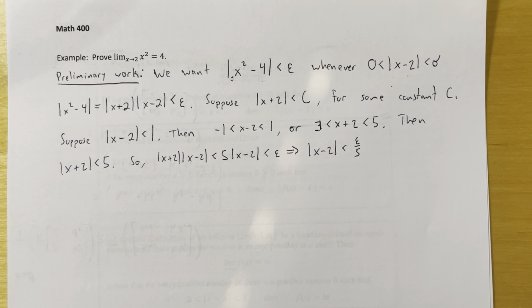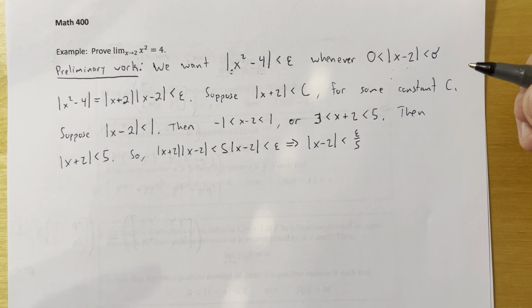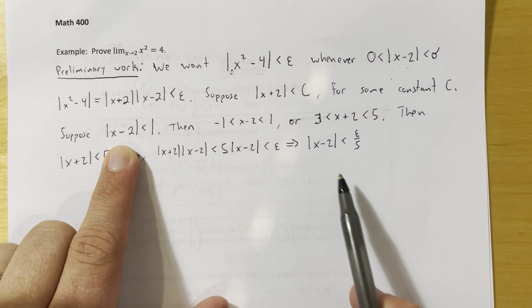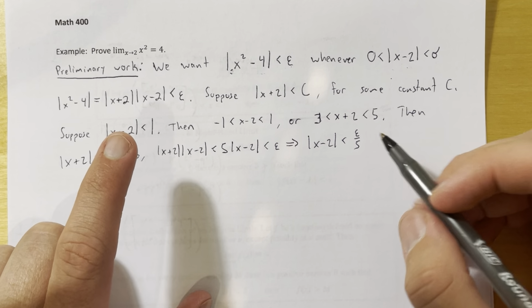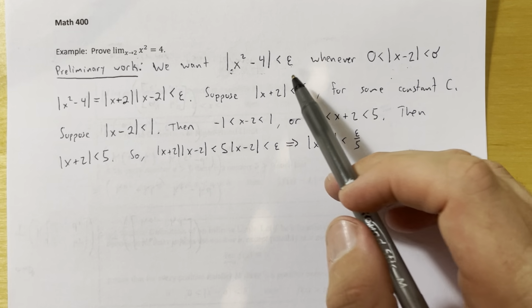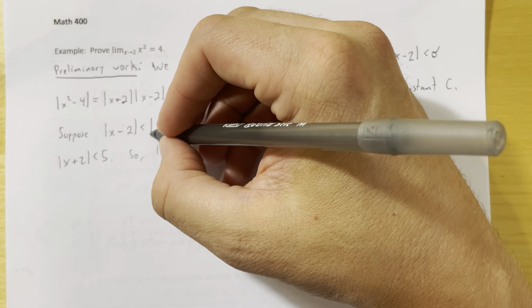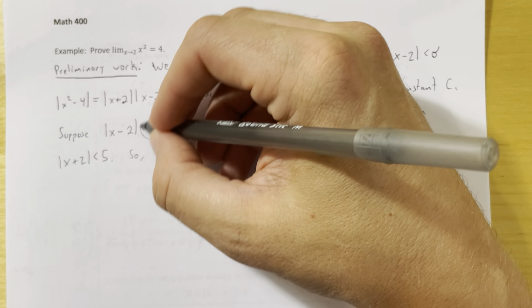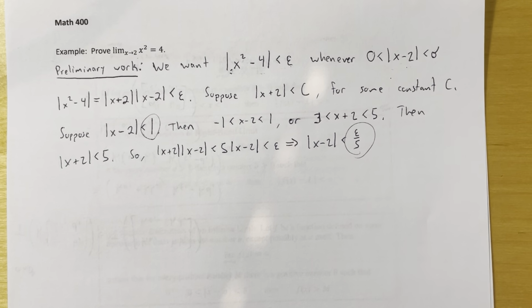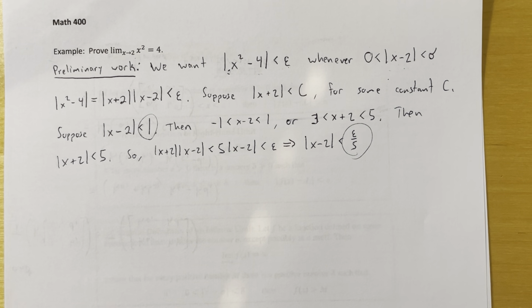So notice now, in order to make all of this work, I have two conditions that I've put on the absolute value of x minus 2. Regardless of what epsilon is, I need x minus 2 to be both less than 1 and also less than epsilon over 5 at the same time.